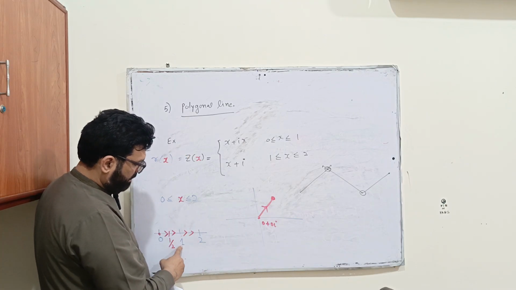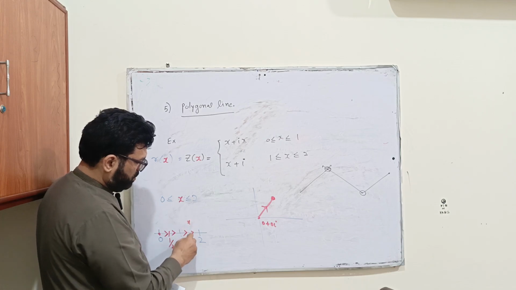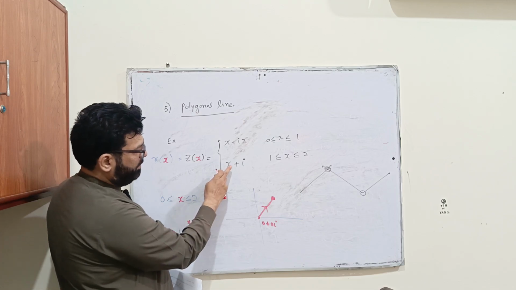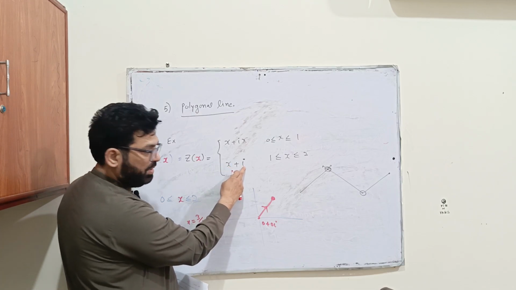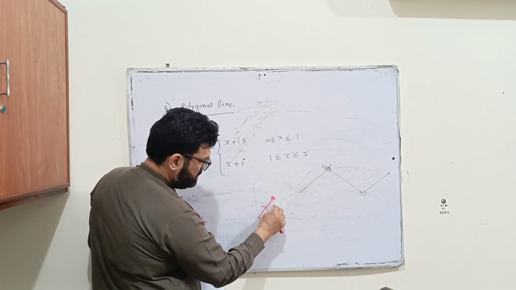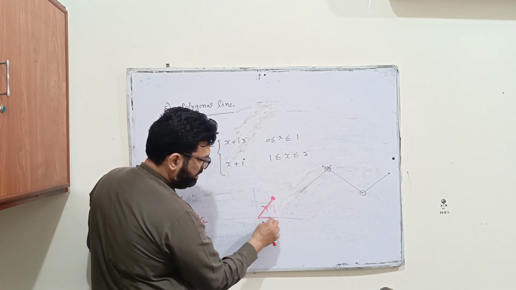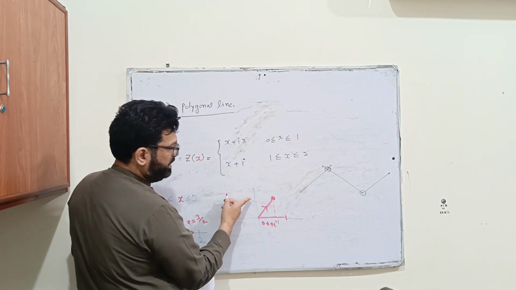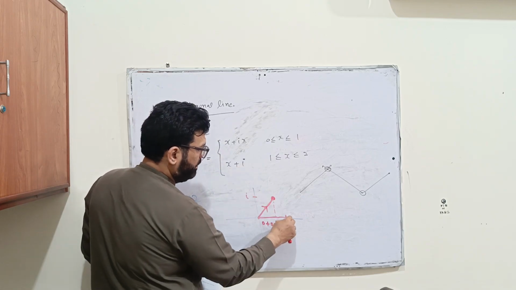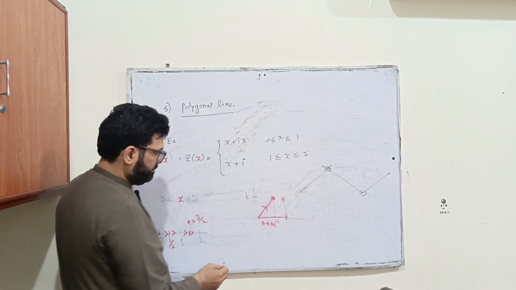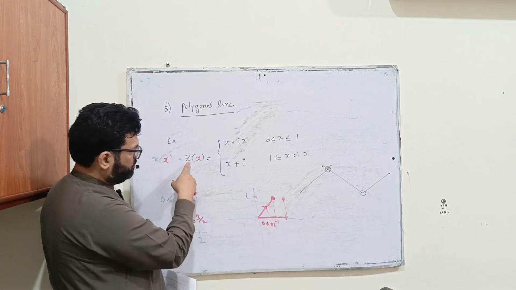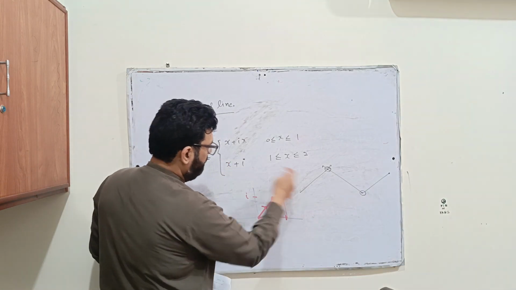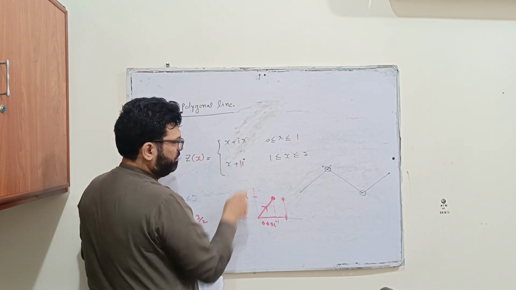And then when x is equal to 3 by 2, you have 3 by 2 plus iota. So x is 3 by 2, this is 1, x is 1, and this is 3 by 2, 1.5. But the y coordinate is iota, the same iota. So you are here. For x equal to 2, z of 2 is equal to 2 plus iota, which means x is changing whereas the y coordinate remains 1.